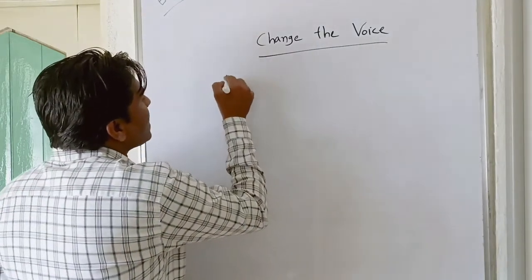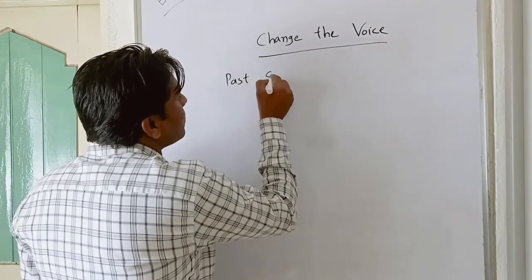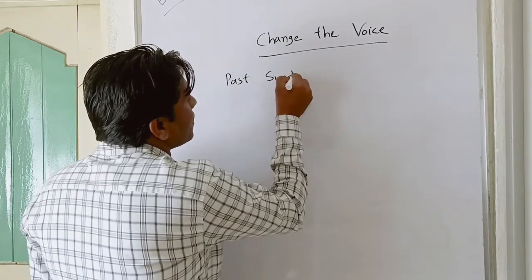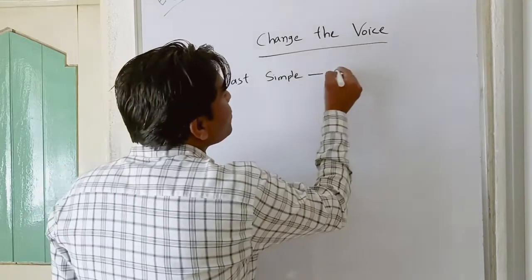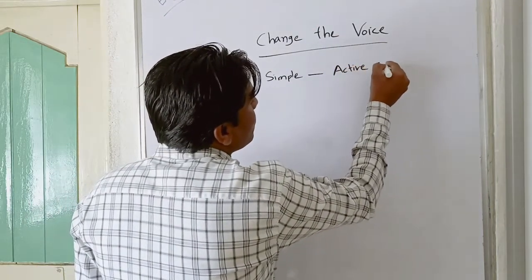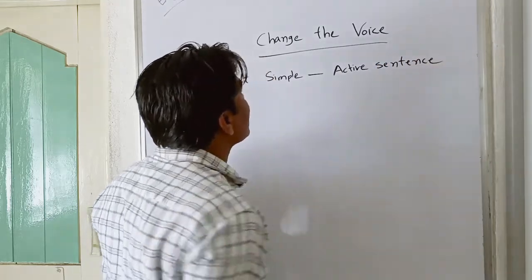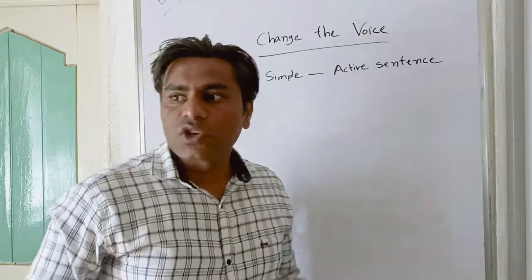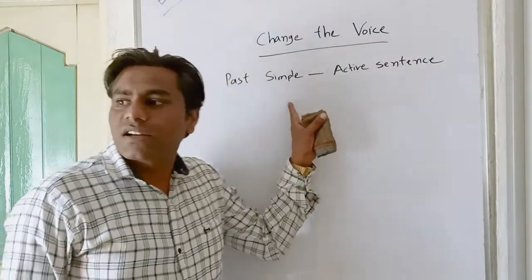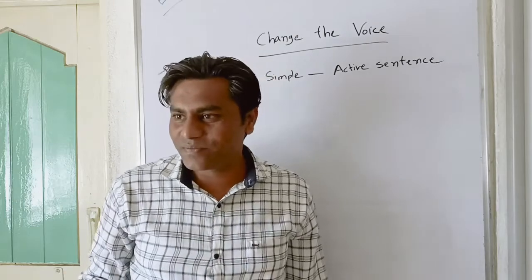So, past simple. Past simple active sentence. Active sentence. So how can we transform this sentence into the passive voice?